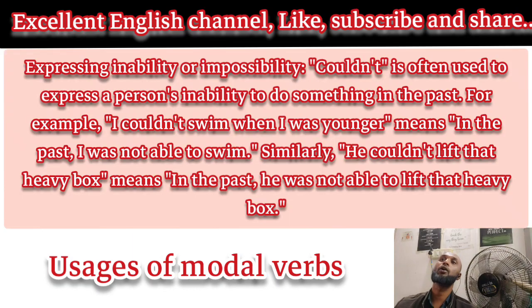Expressing inability or impossibility. Couldn't is often used to express a person's inability to do something in the past. For example, I couldn't swim when I was younger means in the past I was not able to swim. Similarly, he couldn't lift that heavy box means in the past he was not able to lift that heavy box.